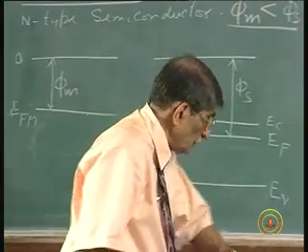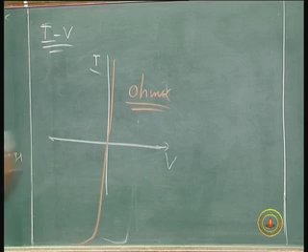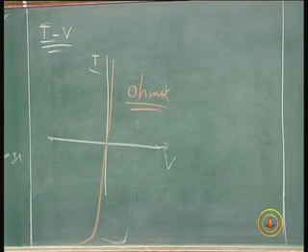In literature you can see it saying if phi m is greater than phi of s in n type substrate, it will become rectifying.